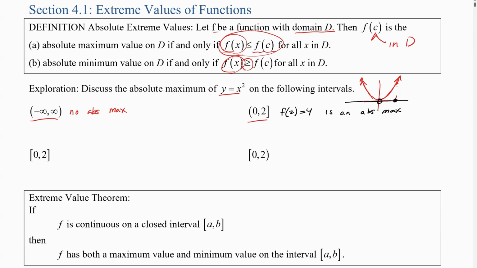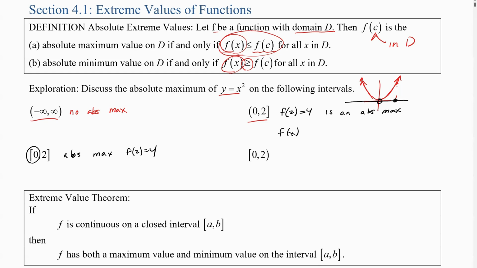Why? Because you cannot name for me a value x in this domain which produces a bigger value. And even if we include the low end, we can still say the absolute max is f of 2, which is equal to 4.